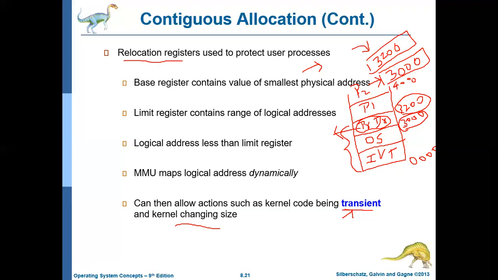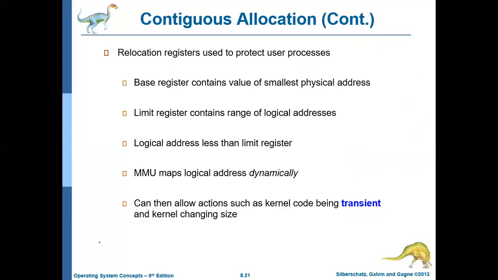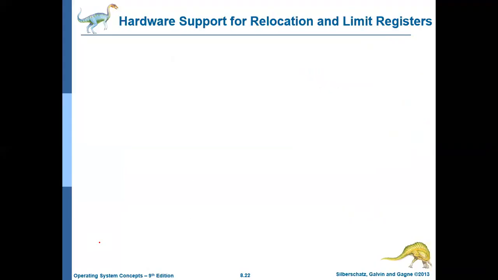But if the operating system ends at 3000, then P1's base register will be 3000 and P2's base register will be 3800. So basically the relocation register allows the operating system size to grow or shrink dynamically. That is also one of the usages of the relocation register.